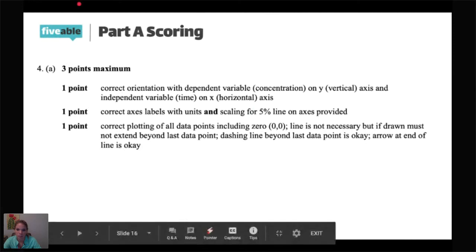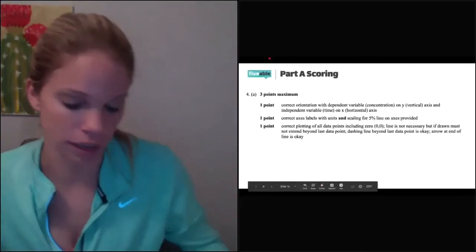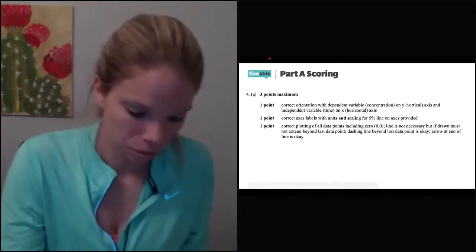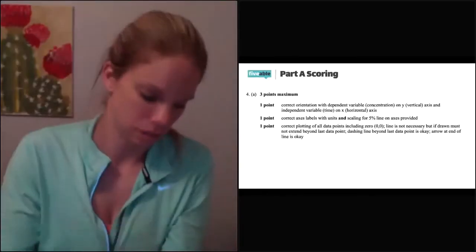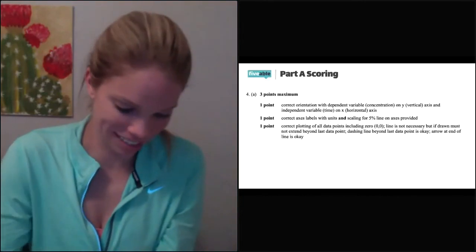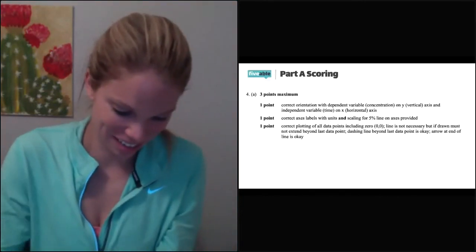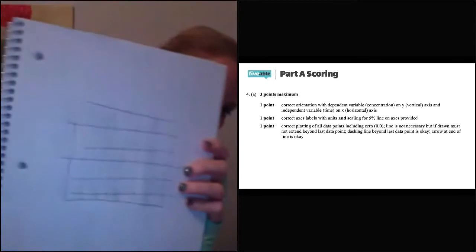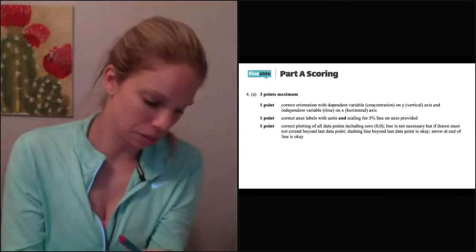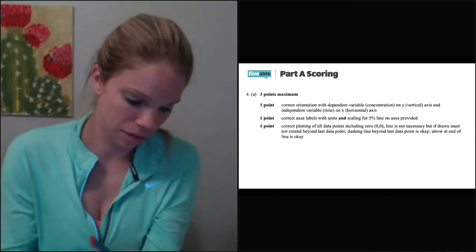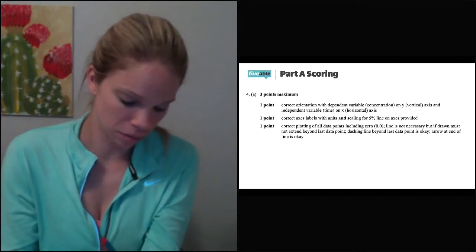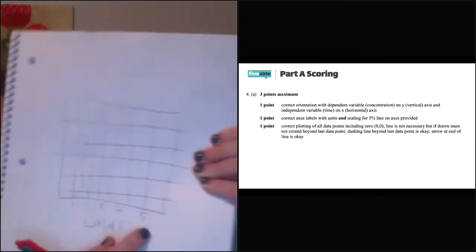What this is going to mean, I'm going to draw you another picture because I'm nice. You're going to get a graph. It's going to be a box. It's going to be prettier than this, but I'm going to hurry. You're going to have your graph. You've got to do units like 1, 2, 3, 4, 5, and label down on the bottom.